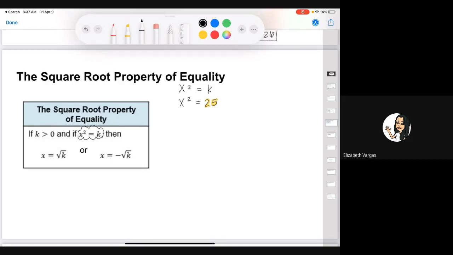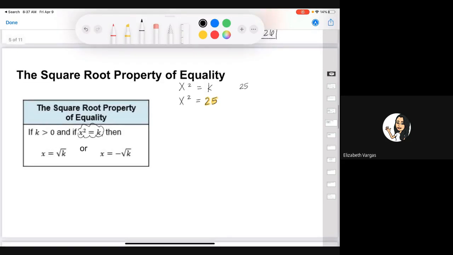So k is 25. 25 is greater than 0, which is what this is telling me here: k is greater than 0. Basically, if k is greater than 0, and if x squared is equal to k, then whenever I'm looking to find my x, what I want to do is take the positive and the negative square root. So what does that look like?